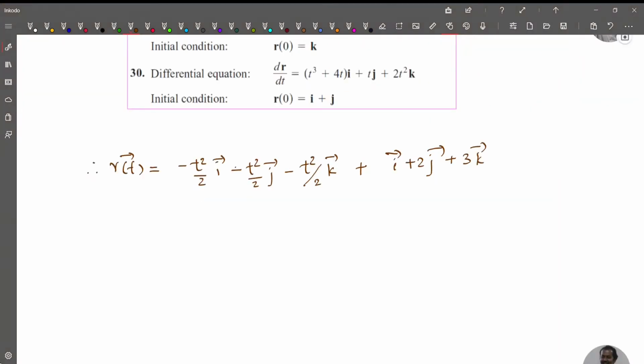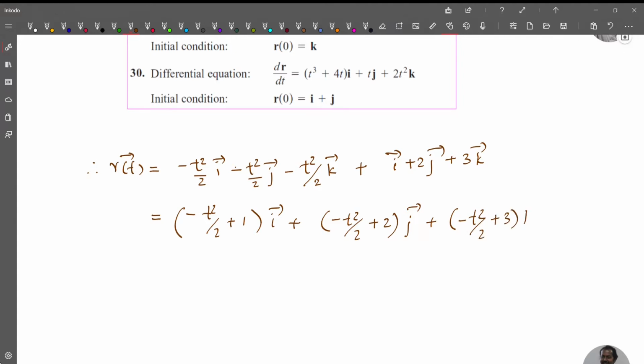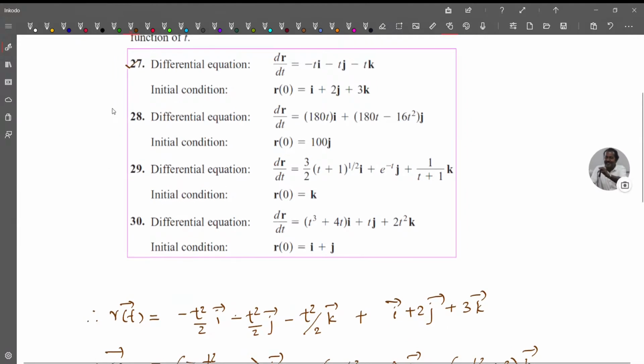Equal to minus t square by 2 plus 1 i plus minus t square by 2 plus 2 j plus minus t square by 2 plus 3 k. So this is r of t. So this is the solution of the initial value problem 27.